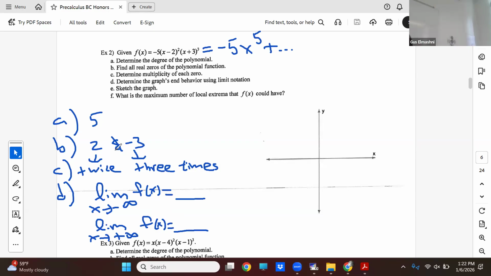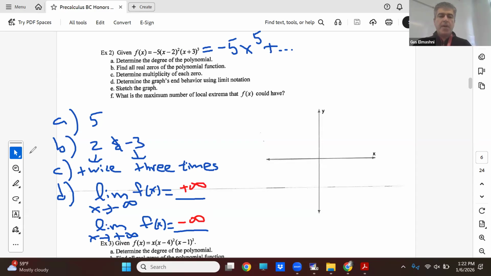Well, you know your leading term, -5 times x raised to the 5th power. Your degree is odd. Your leading coefficient is negative. What do you expect the arrows to do? So what's the left arrow doing? Up, and the right arrow? Down. Good. Up, down. Good. Sorry, I just heard a lot of different things. So we like that.